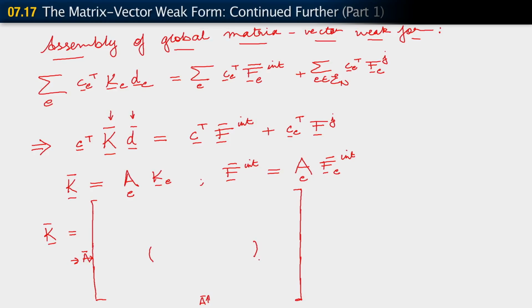Okay, all right. Now what we see is that in terms of the element stiffness matrices, we have contributions from K_E1 plus K_E2, K_E3, K_E4, K_E5, K_E6, plus K_E7 plus K_E8.